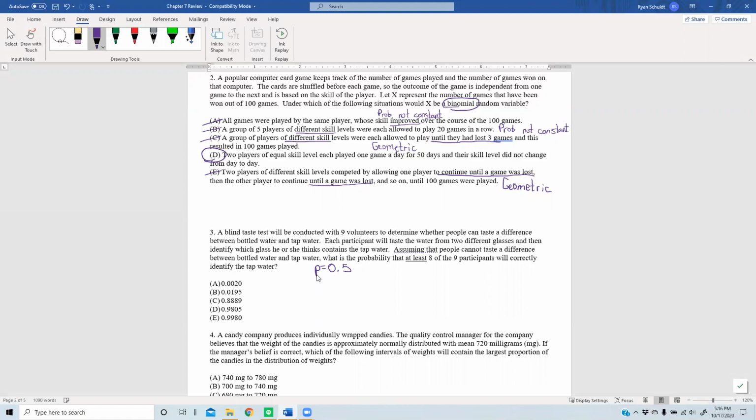Well, that means we need 8 or 9. And how many trials do we have? We have 9 volunteers, so n equals 9. So the probability that x is greater than or equal to 8 is equal to the probability that x equals 8. Oh, I guess I should say here this is a binomial.